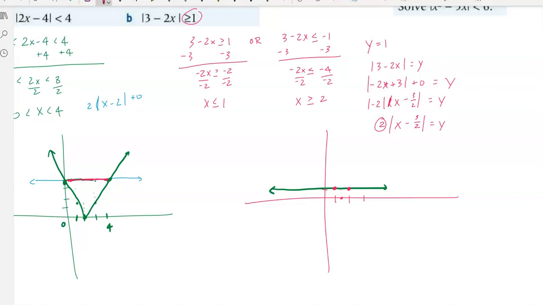It's going to be this area right here. It's going to be all of that. Not the middle areas. Got it? I hope so.